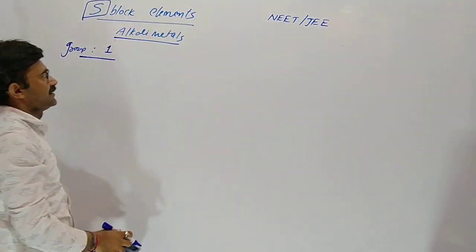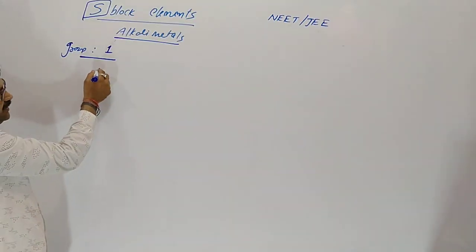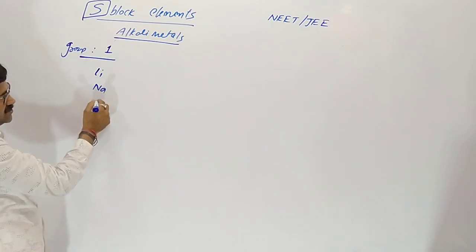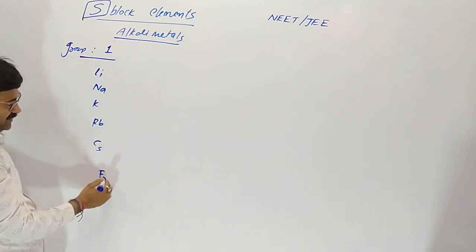Here we will discuss some important points for NEET and JEE. Group number 1 is called the alkali metals. The elements are lithium, sodium, potassium, rubidium, cesium and francium.